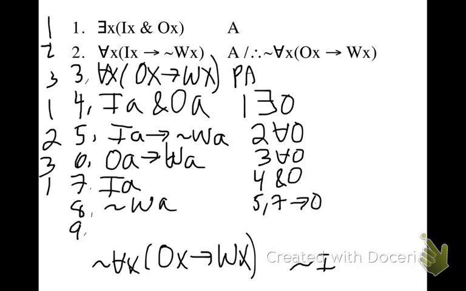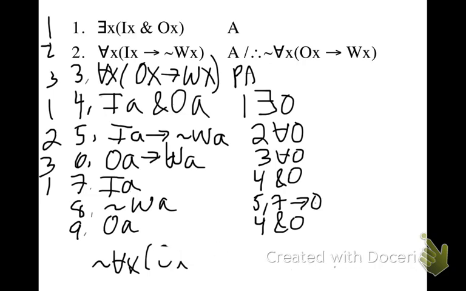And then I'll get OA by 4 ampersand out. I'm going to need some more room here at the bottom. So let's see, 5, 7, so that depends on 1 and 2. And then the 4 ampersand out, so that depends on 1.